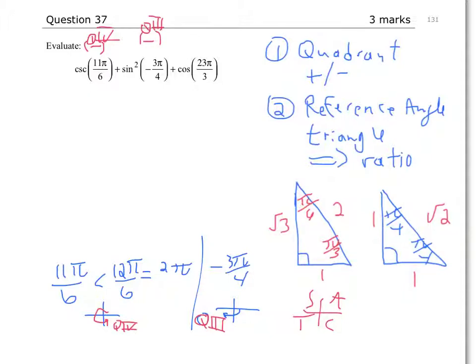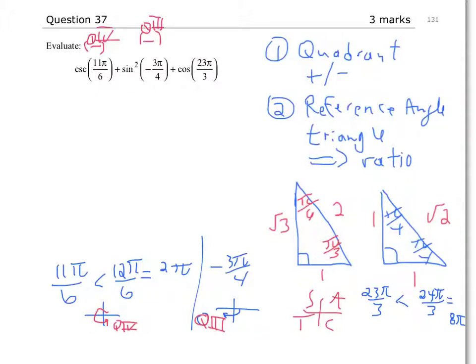And lastly, squeeze this one over here, is 23 pi over 3. So if we look at 23 pi over 3, that is a little less than 24 pi over 3. And 24 divided by 3 is 8, so that's 8 pi. So it's a little tiny bit less than 8 pi.